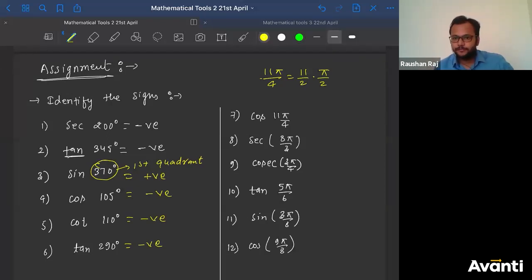And 11 by 2 is 5.5. That means this angle will lie in that quadrant where the angle is greater than 5 pi by 2 but less than 6 pi by 2, because this can be written as 5.5 pi by 2. Okay? Yes, you can do that. No problem.